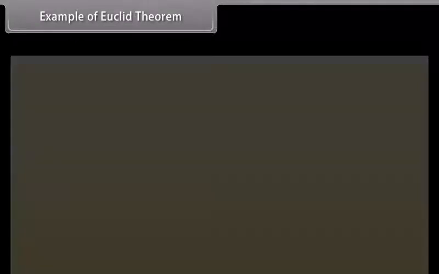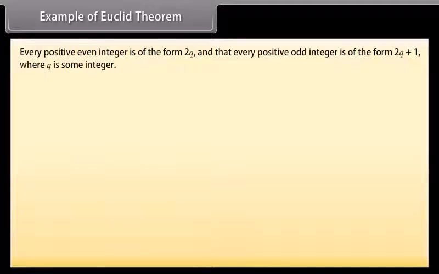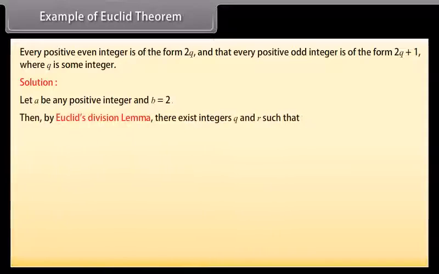Example of Euclid Theorem. Let us now prove that every positive even integer is of the form 2q and that every positive odd integer is of the form 2q plus 1, where q is some integer. Solution. Let a be any positive integer and b is equal to 2. Then by Euclid's division lemma, there exist integers q and r such that a is equal to 2q plus r, where 0 is smaller than or equal to r is smaller than 2.